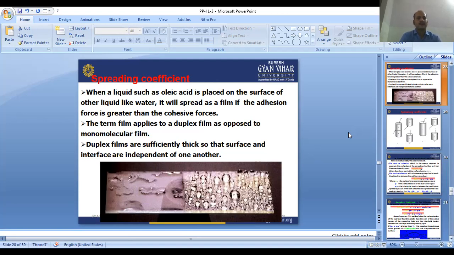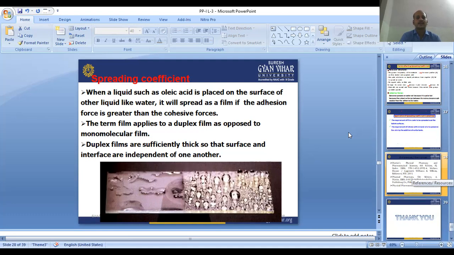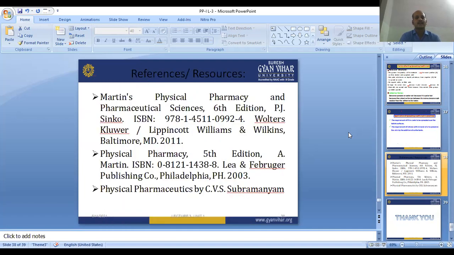The term film applies to a duplex film as opposed to the monomolecular film. Duplex films are sufficiently thick so that the surface and interface are independent of one another. We will discuss the spreading coefficient in detail in our next lecture.